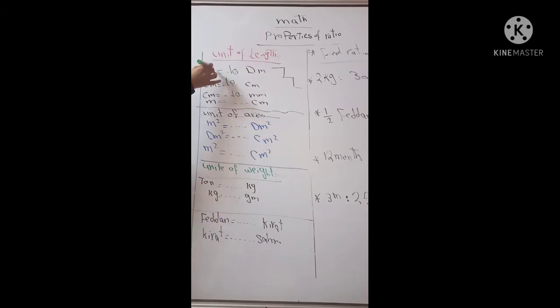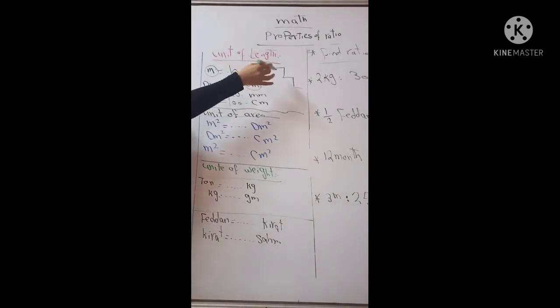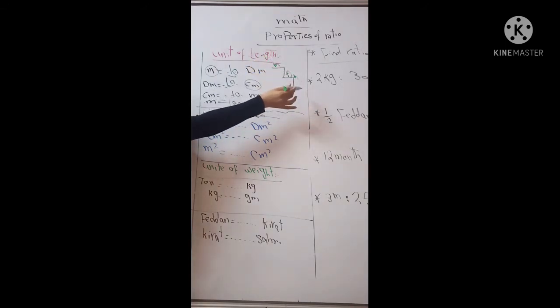If I want to convert from meter to centimeter, I will times by 10 by 10. 10 times 10 equals 100. In the upper stair we will put meter, in the second stair decimeter, and in the third stair centimeter.